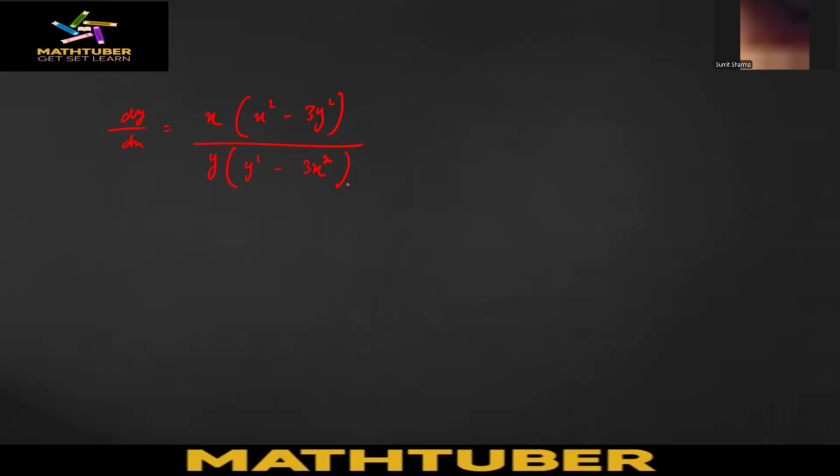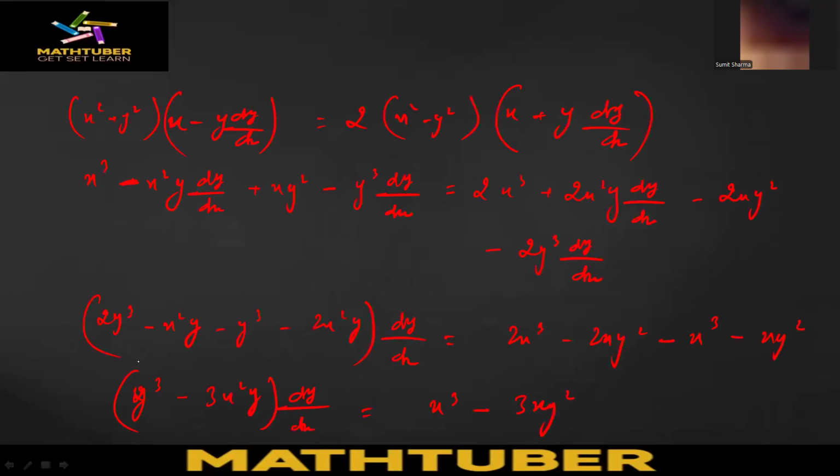This will be the value of dy by dx. So now what we have to do is, okay, we have to prove that the general solution is this. So, okay, that's fine, we don't have to put anything. In the last step, we just have to take dx to the other side only, and we will get our answer.